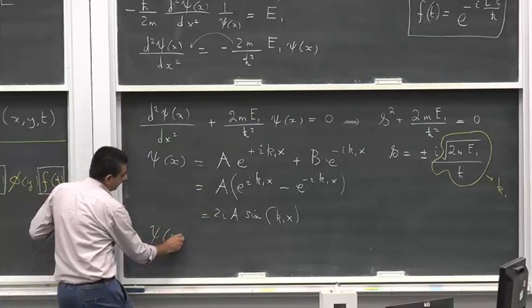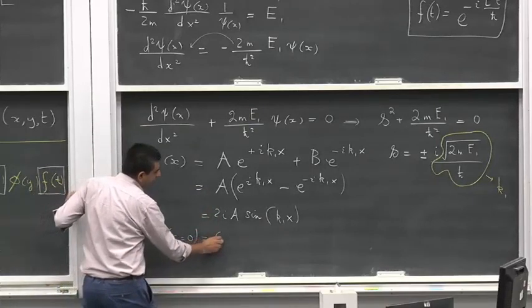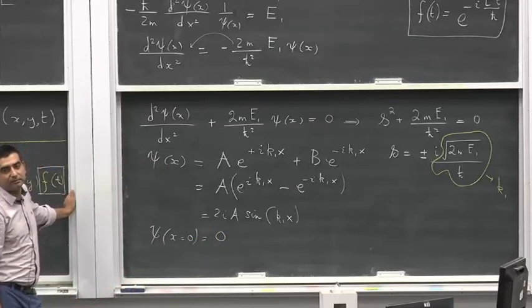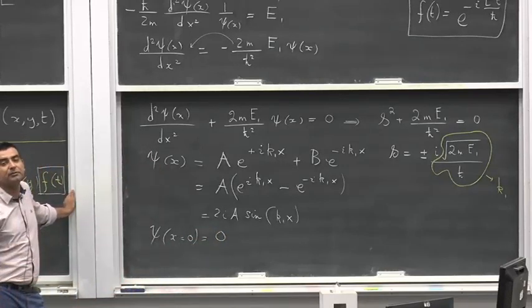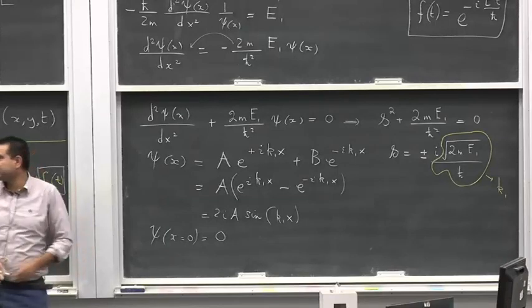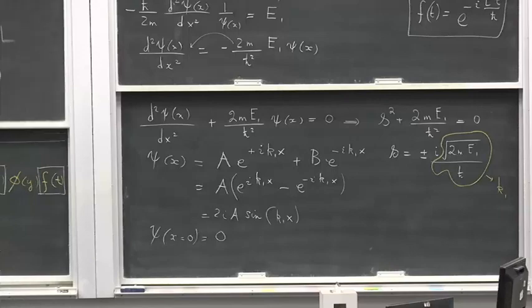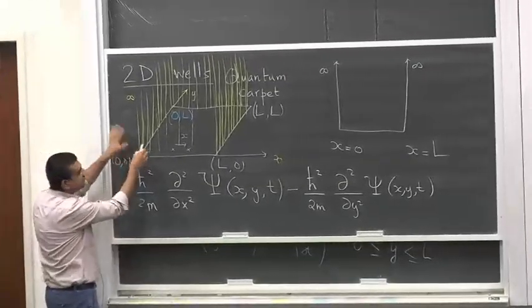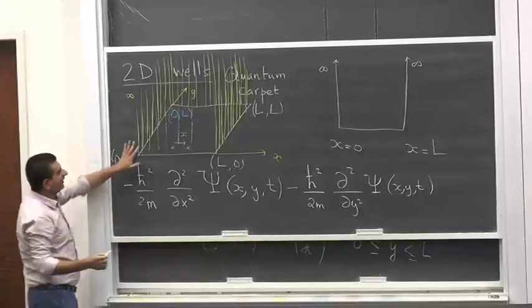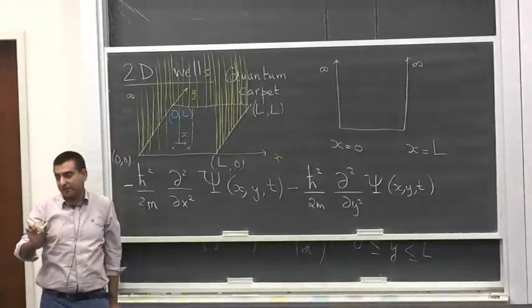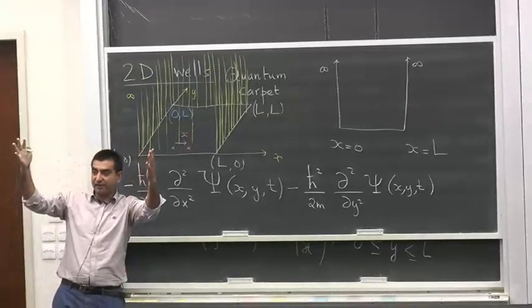At x equals 0, the wave function must be 0. Why? Why should it be 0? It's continuous, because outside in this region the wave function is 0, because the particle cannot exist in the impenetrable region. This is classically forbidden, and it's also quantumly forbidden, because the potential energy is infinity.